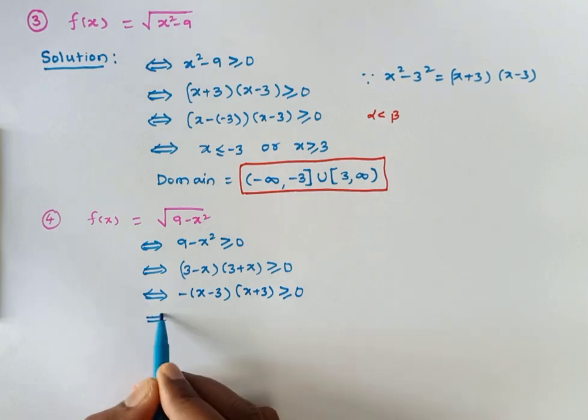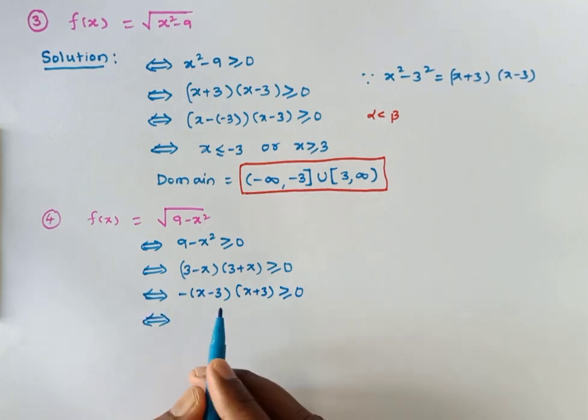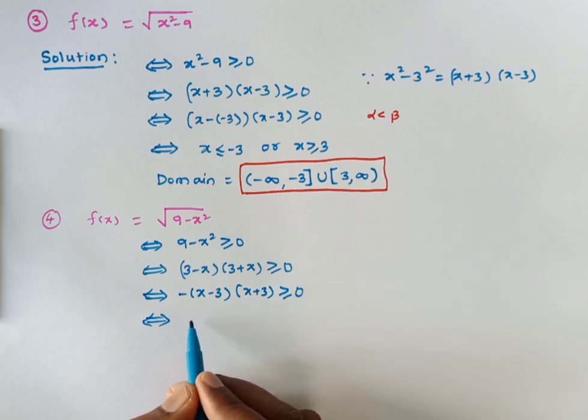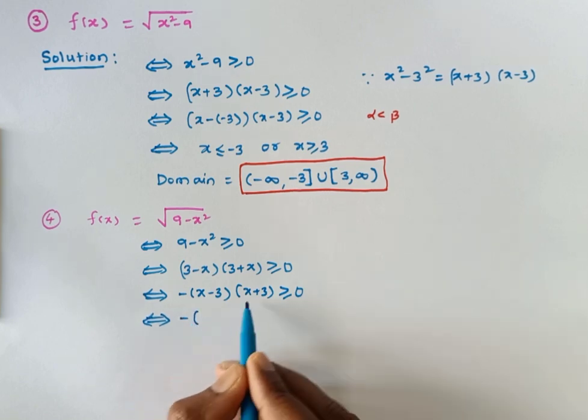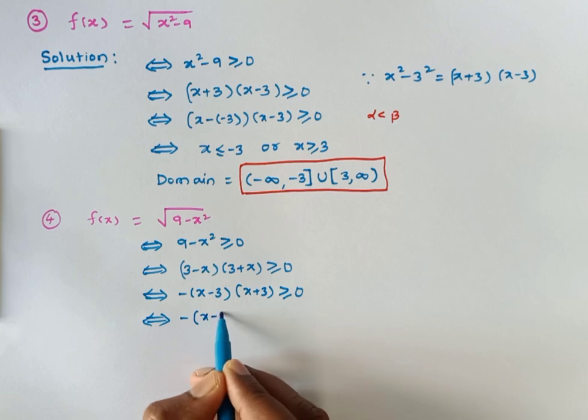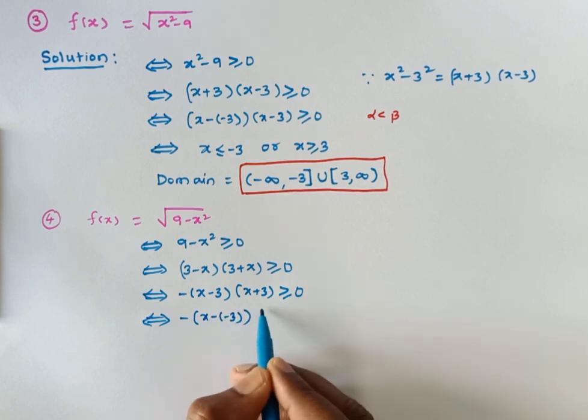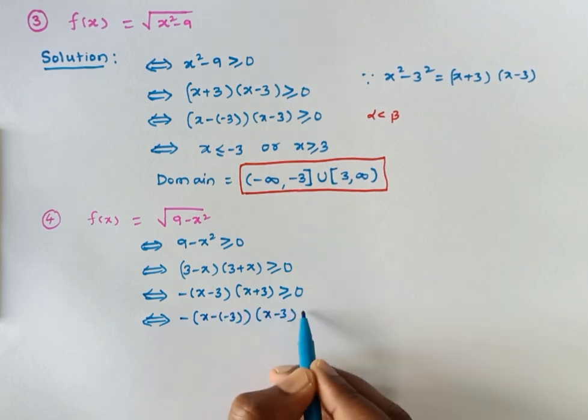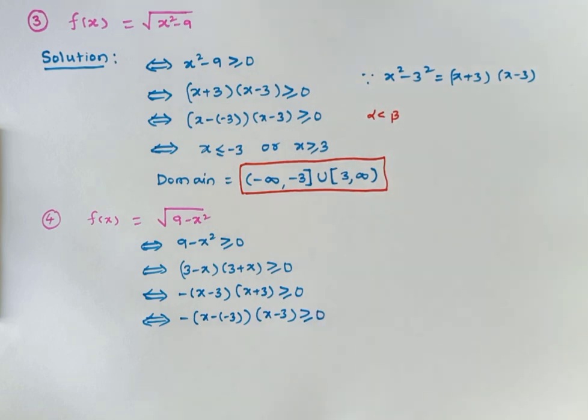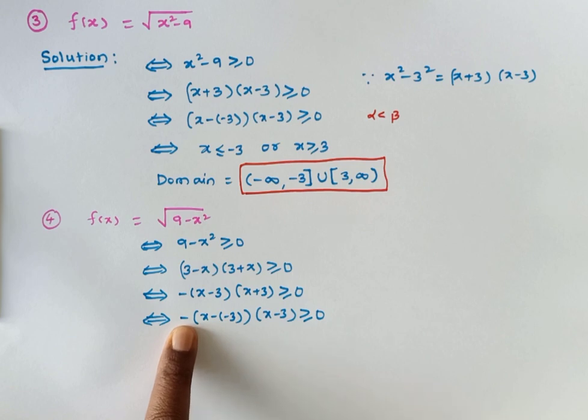Now this implies you can express this as minus of (x plus 3), that is, x minus of minus 3, into (x minus 3) is greater than or equal to 0. Is it in the form of x minus alpha and x minus beta? It is, but multiplied with a negative sign, whereas our formula is in the form of x minus alpha and x minus beta only.